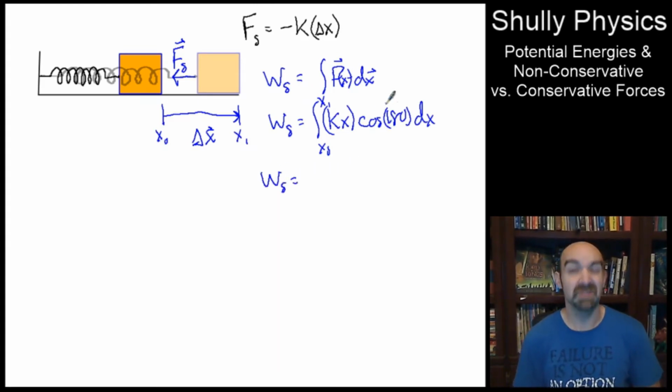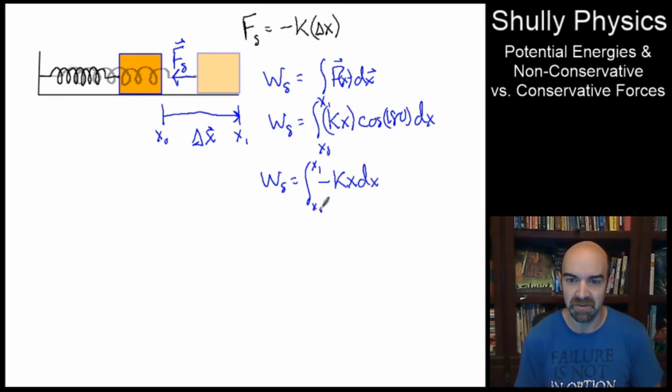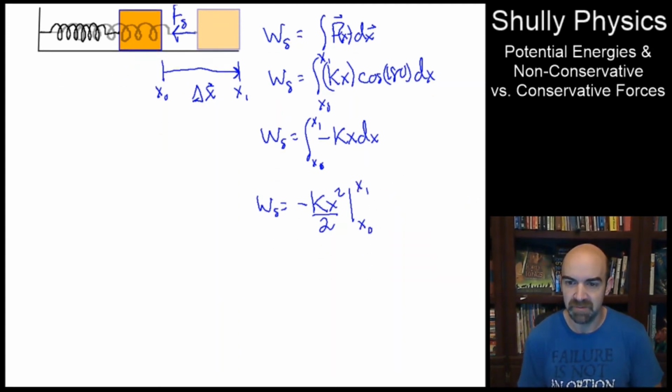Simplifying a little bit, what's this cosine 180 going to do? It's going to put a negative out in front. So we'll have a negative kx dx from the original position to the final. Now we're ready to integrate. When we integrate that, we get a negative kx squared divided by 2. We'll evaluate that from the original x position to the final.